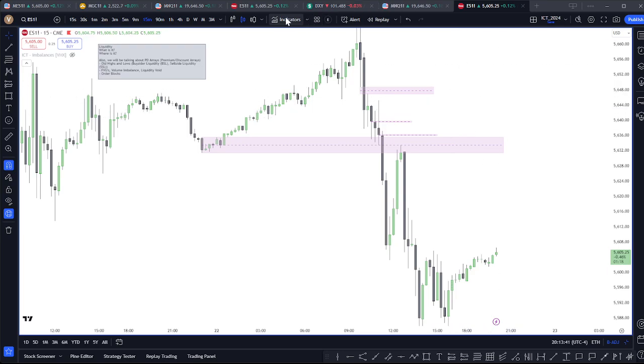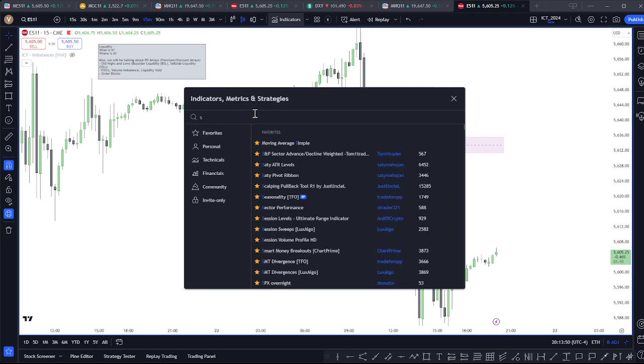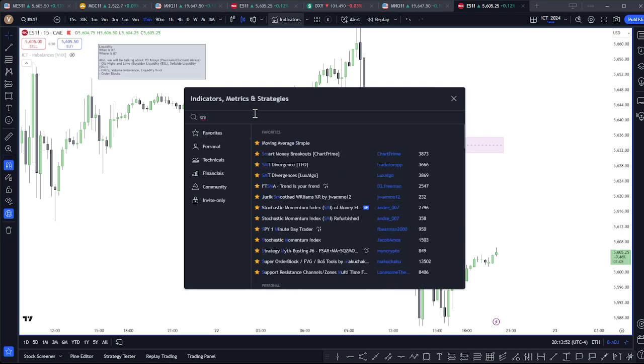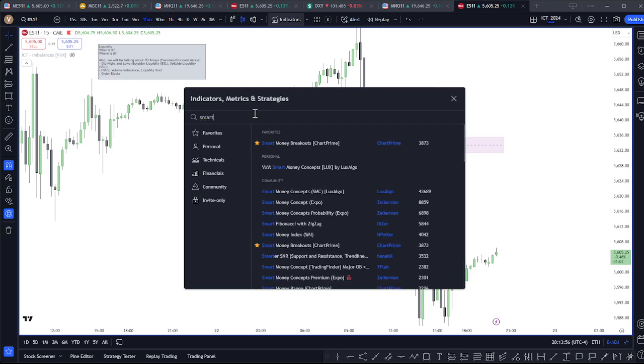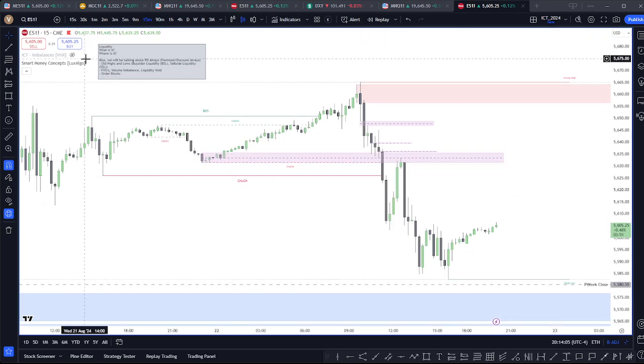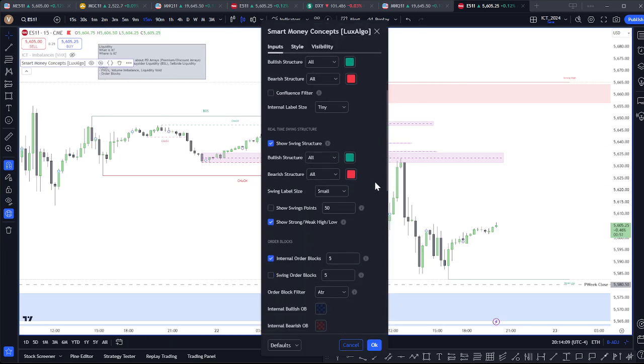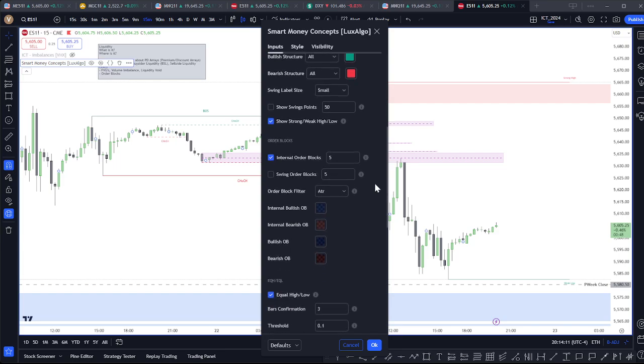Let me see if I can put an indicator for a breaker block. I don't know. So what are the indicators? I'm new to this. What is CHOCH? Don't look at that right now.